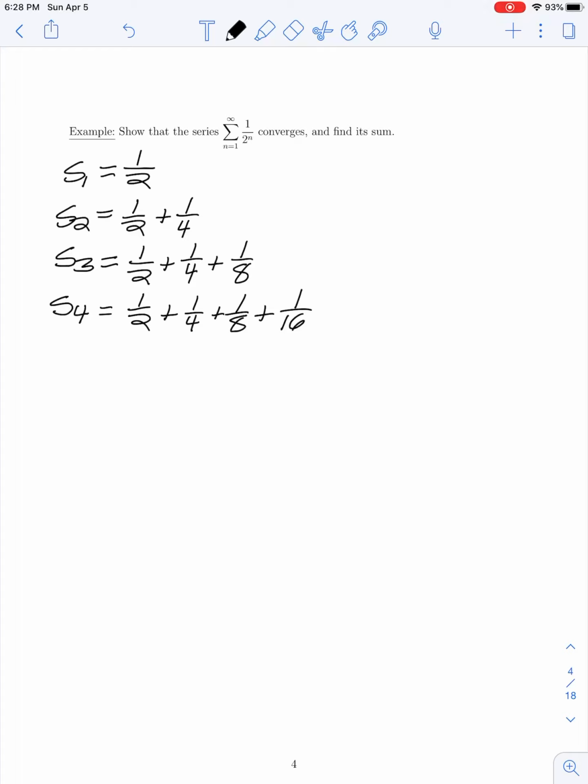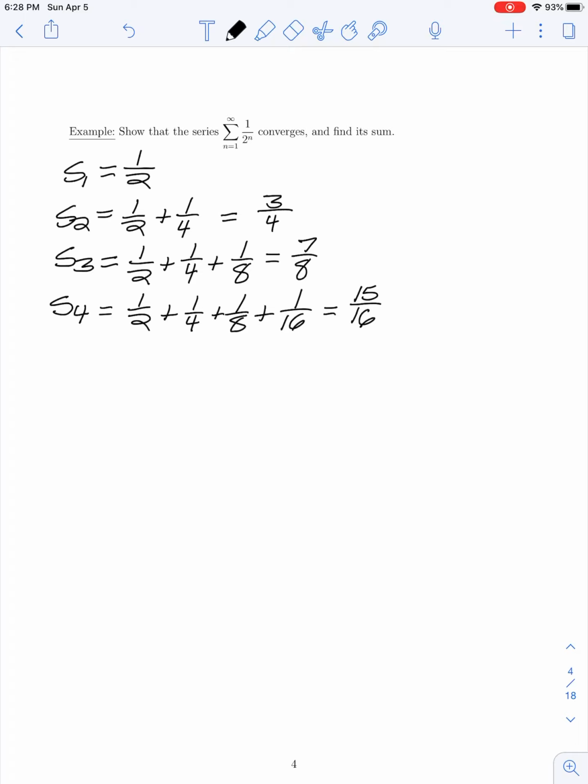And if we simplify these terms, let's see what we have. For S1, we had 1/2. For S2, 1/2 plus 1/4 is 3/4. For S3, we have 3/4 plus 1/8, which gives us 7/8. And for S4, we had 7/8 plus 1/16, which leaves us with 15/16.